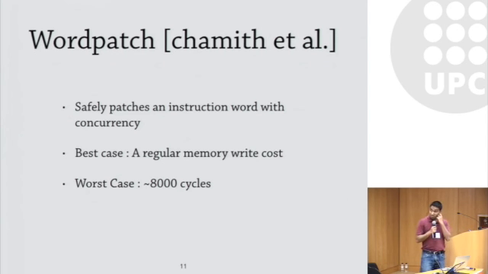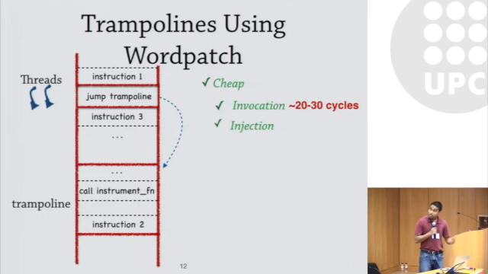This worst case is around 8,000 cycles on several recent architectures. But it's relatively infrequent, because it only happens at cache line boundaries. It's definitely cheaper than stopping all the threads to effect this patch. So now we have a relatively cheap way to inject a probe.